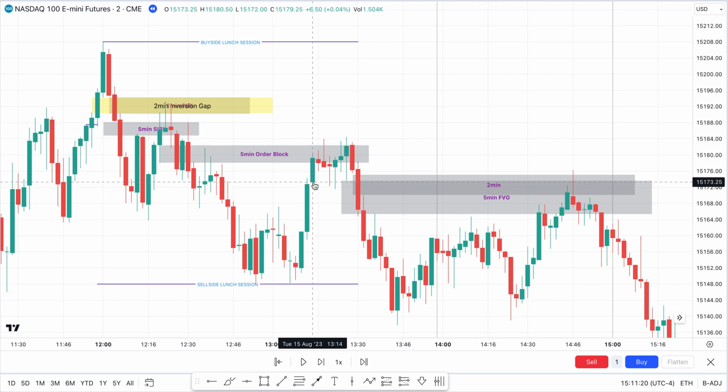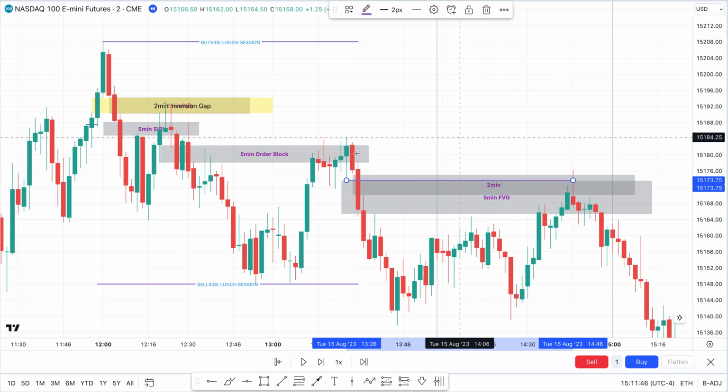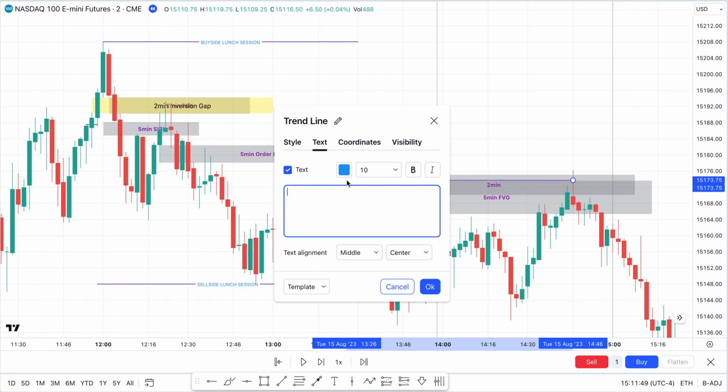This becomes an order block. This swing high is actually higher than that swing high, so this now becomes the order block as well. And you can see the sensitivity at this level. 2 minutes. So I have it like that.